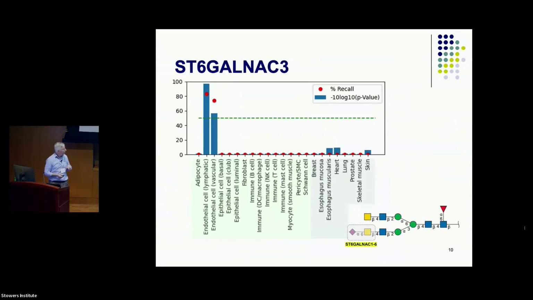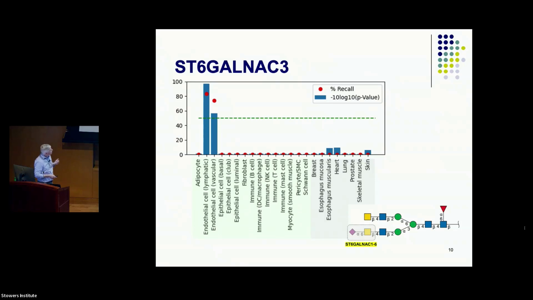Here's another enzyme which shows strong cell type specificity. It's one of the enzymes for attaching the sialic acid on the end of this structure. It has one particular cell type that's very, very significant: endothelial cells in lymph nodes.